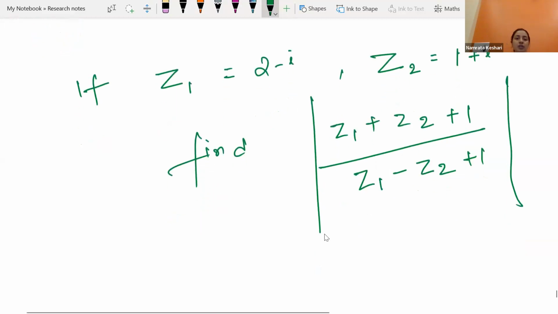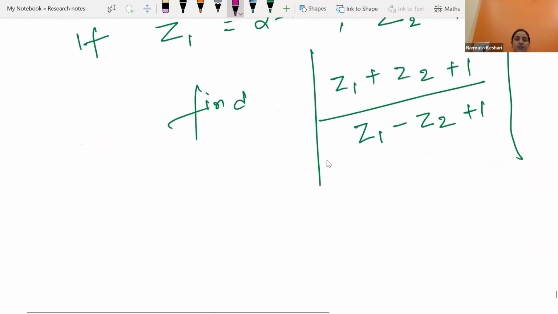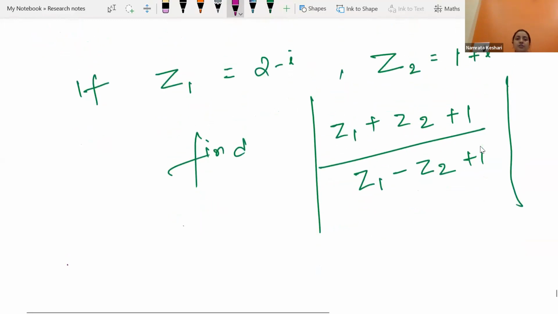Okay, let's do it. z1 plus z2 plus 1. z1 is 2 minus i.